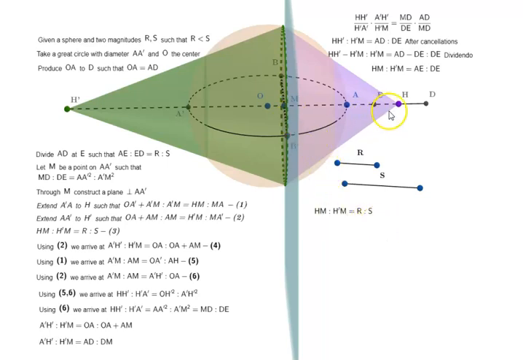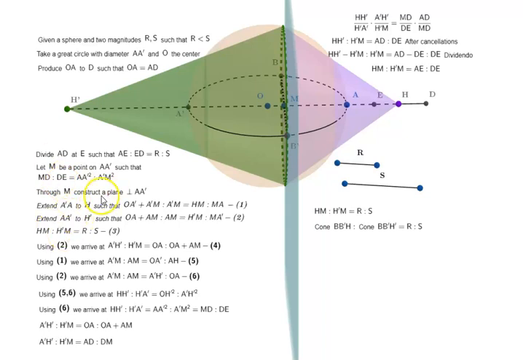Now, HM is the height of this cone, and H prime M is the height of this cone. So we have shown that the heights of these cones are in the same ratio as R is to S, which means that the cone B prime H, the purple cone, is to cone B prime H prime, the green cone, is equal to R is to S. Why?